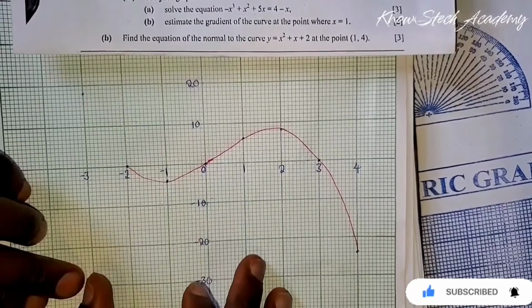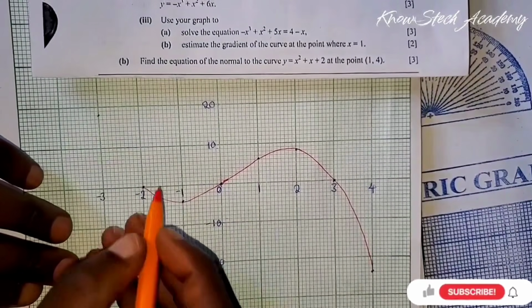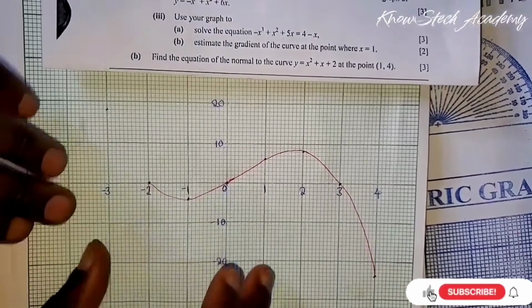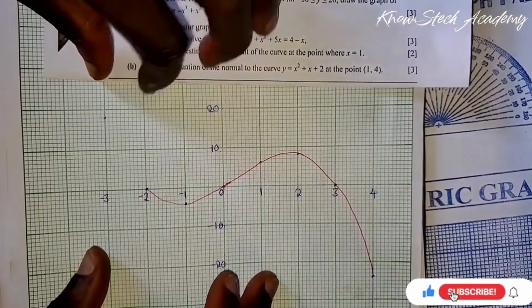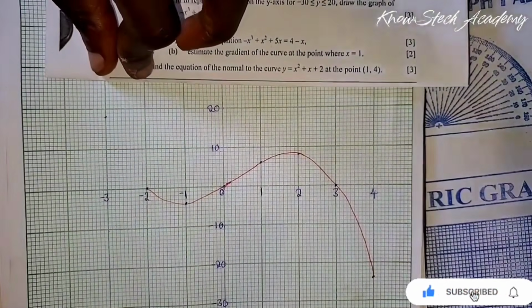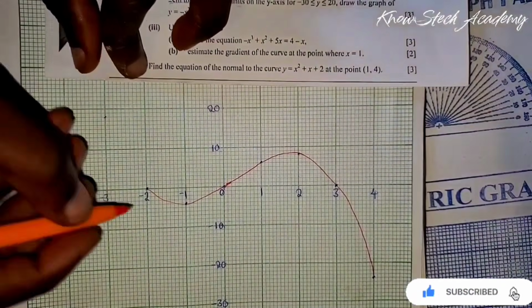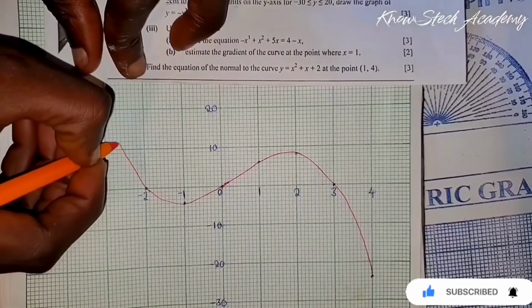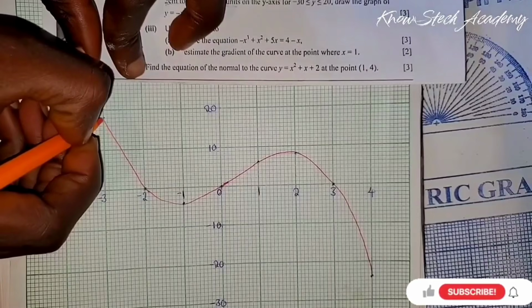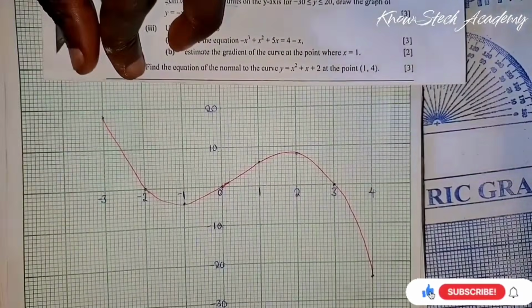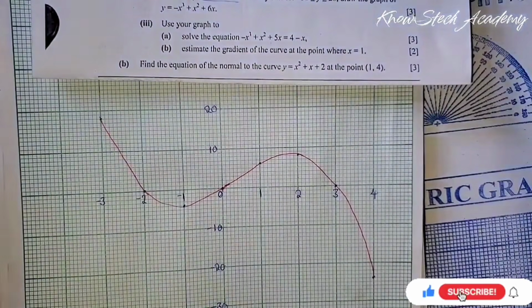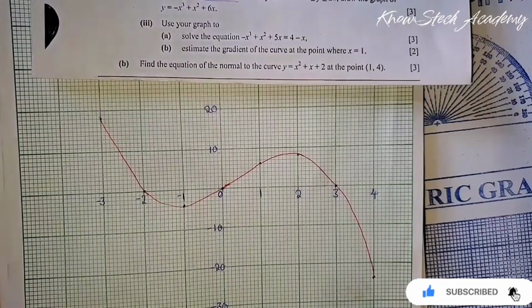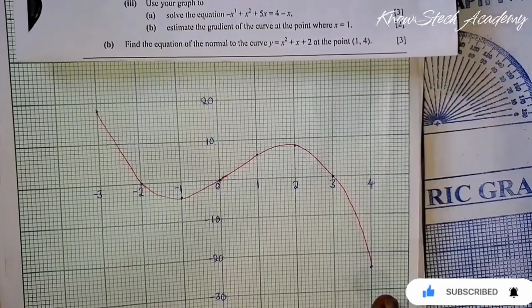Can you see the shape is forming? So we're only remaining with one point here, so we can draw it like this up to here, you see. So that is our shape.